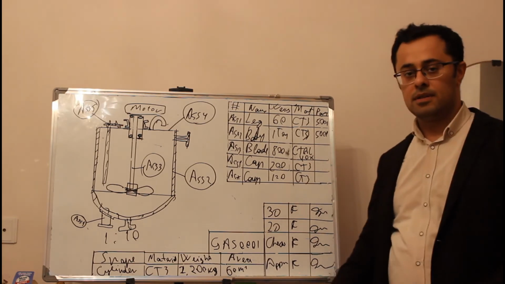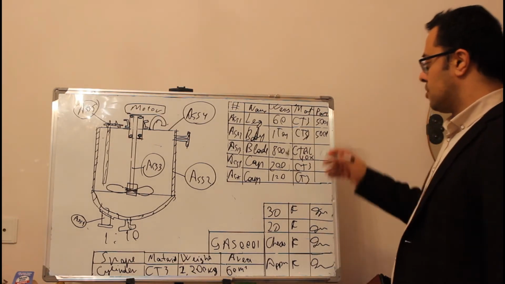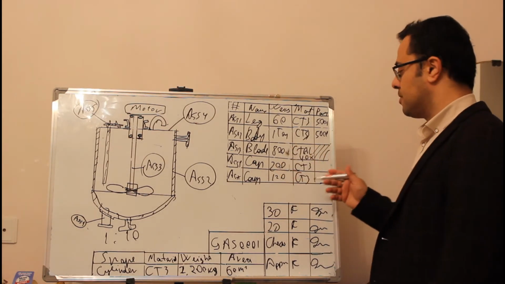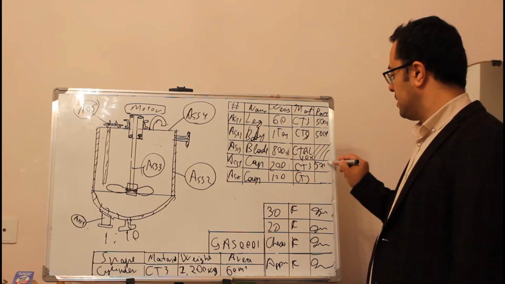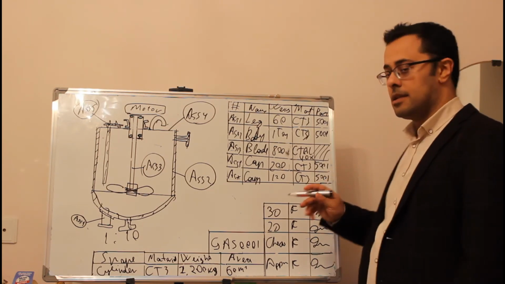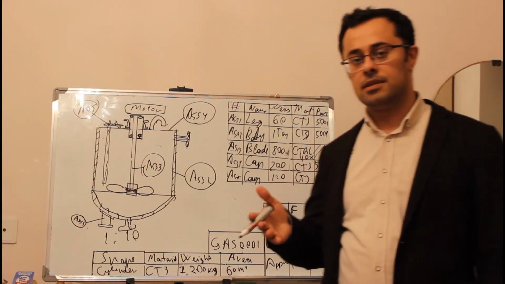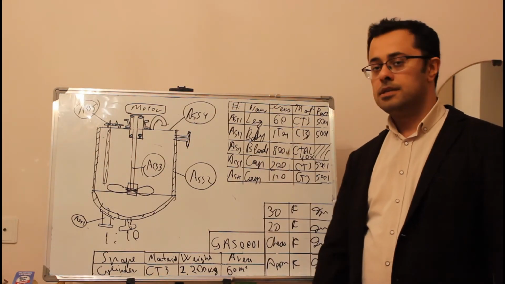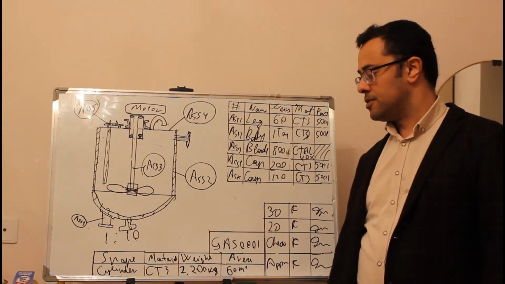GAL 5001 means blue color. Don't paint the blades, because it will work with oil, and as you know, oil is not getting rusted.